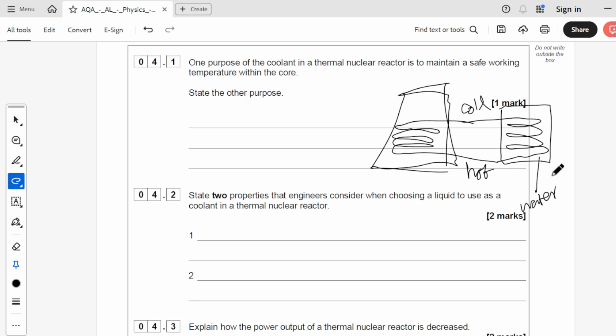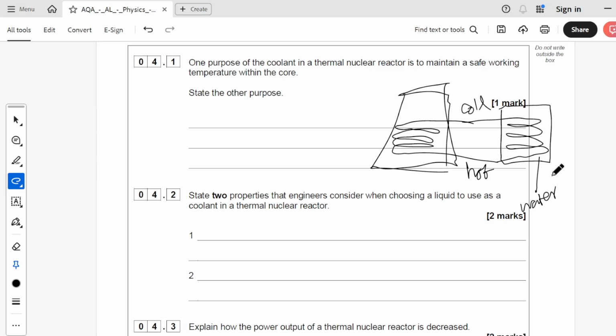So that steam is sent to a turbine. The turbine spins a generator, and then the generator creates current. So that's one. I checked the mark scheme, and it says absorbing neutrons as well, but that's kind of a weaker reason.